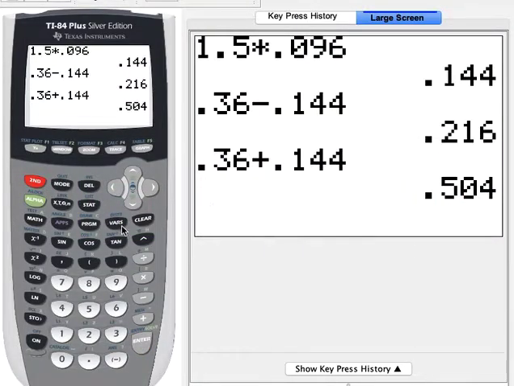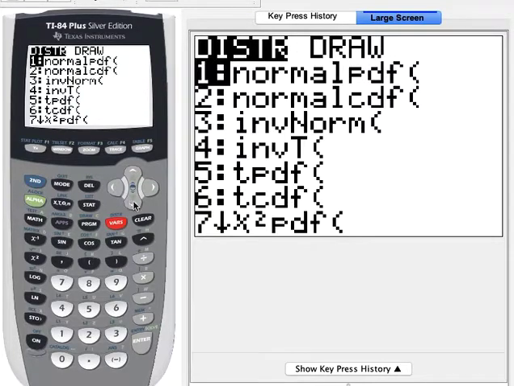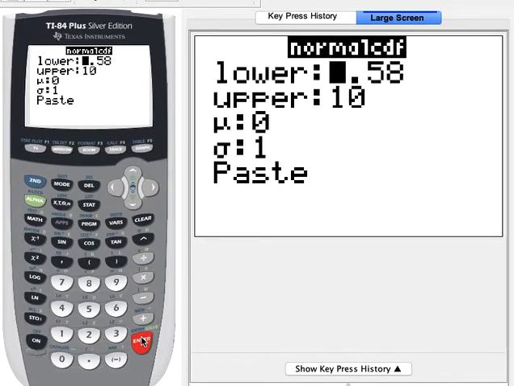So I'm going to use the normal CDF command. If you wanted to, you could use the shade norm command. You might be asking yourself, where did the 1.5 come from? I just chose it. I chose the Z star to be 1.5 just to have another example. So negative 1.5, positive 1.5.